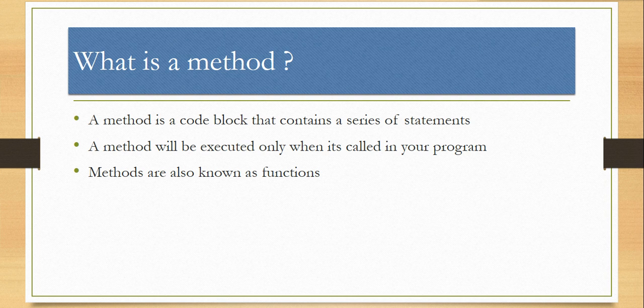Then in the next line they type in object name dot method name, brackets inside which you can pass parameters, not parameters, arguments. I'll explain in detail about arguments later in this video. Semicolon. Methods are also known as functions.